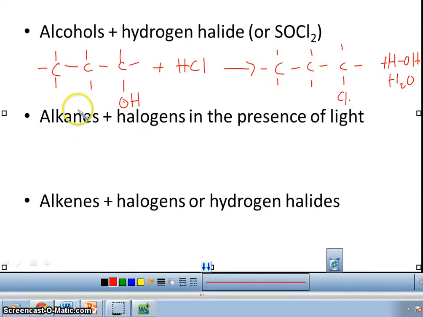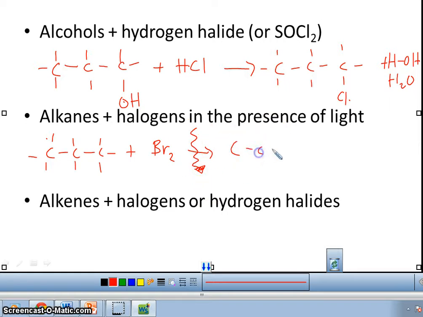Alkanes and halogens in the presence of light. You've done this one in class. This is an experiment we did with bromine water. So let's do the same one. Let's do propane. Propane with bromine, Br2. In the presence of light, we often draw light as being a squiggly line representing the fact that it is a wavelength.